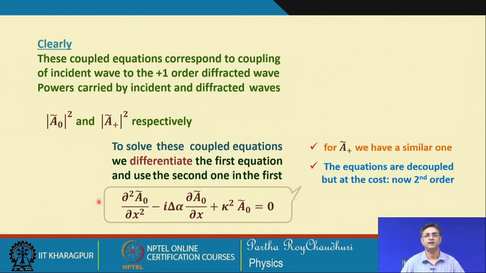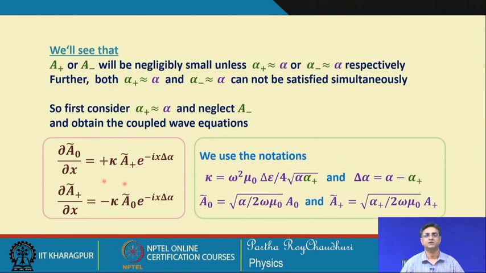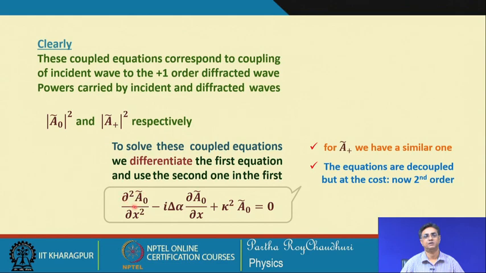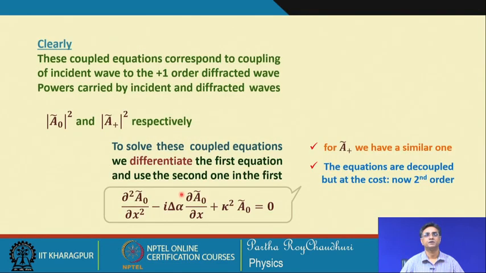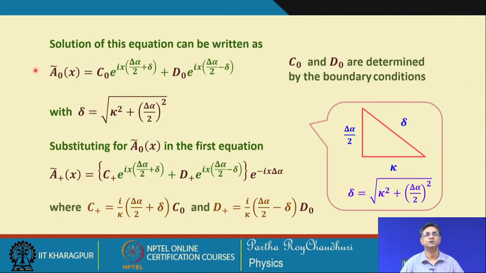Now you can see that these equations are decoupled, but at the cost of the order, because earlier this equation was first order and it has become a second order differential equation. This equation can be solved, and its solution can be written in this form, where delta is equal to this.